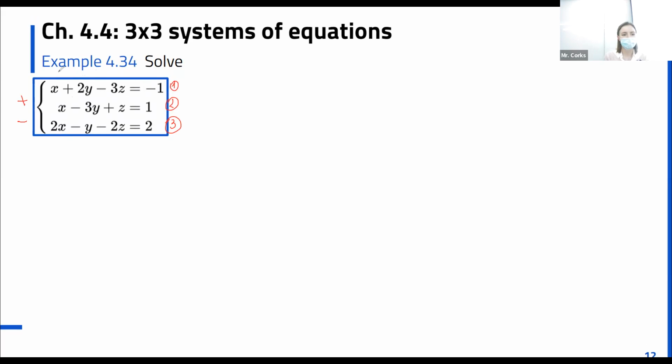So what do we have? x will be gone. 2 minus 3. Yes. 2 minus 3 and plus 1. 2 minus 3 minus 1 plus 1.